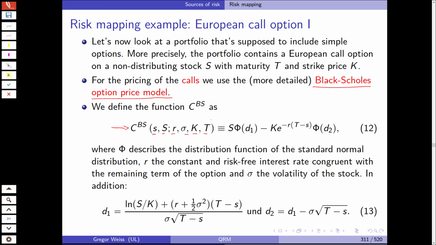K is the strike, T is the maturity, sigma the volatility of the underlying stock, r is the risk-free rate, S is the stock price, and t is the current point in time.